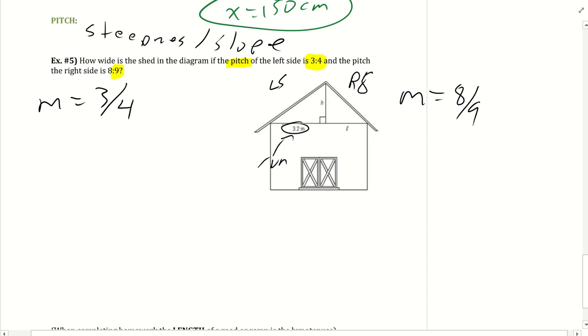If you use your slope and your run, you can find your rise. Once you have your rise here, you can see these triangles share the common rise, the common side. Once you find your rise, using this slope here you'd be able to find your run here. Then you would add these two up together to give you the width of the shed.